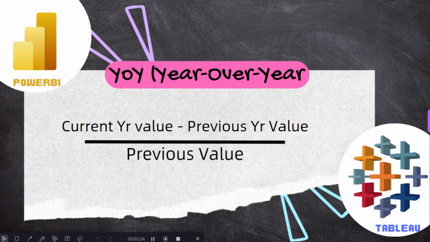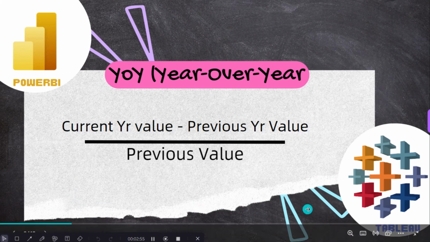Here we have a formula to calculate year over year, which is the current year value minus the previous year value, divided by the previous year value. The formula will show you the variance between the two periods of time. By dividing it by the previous year value, we get the percentage difference of both of them.